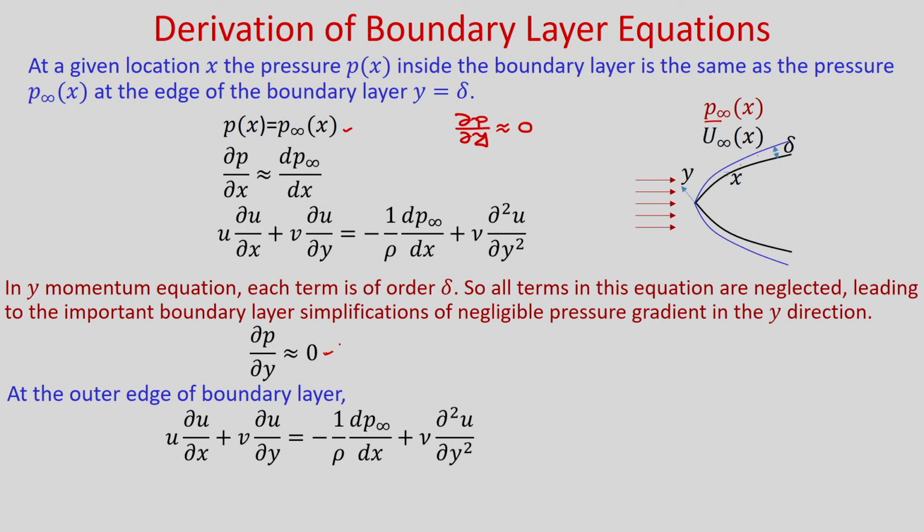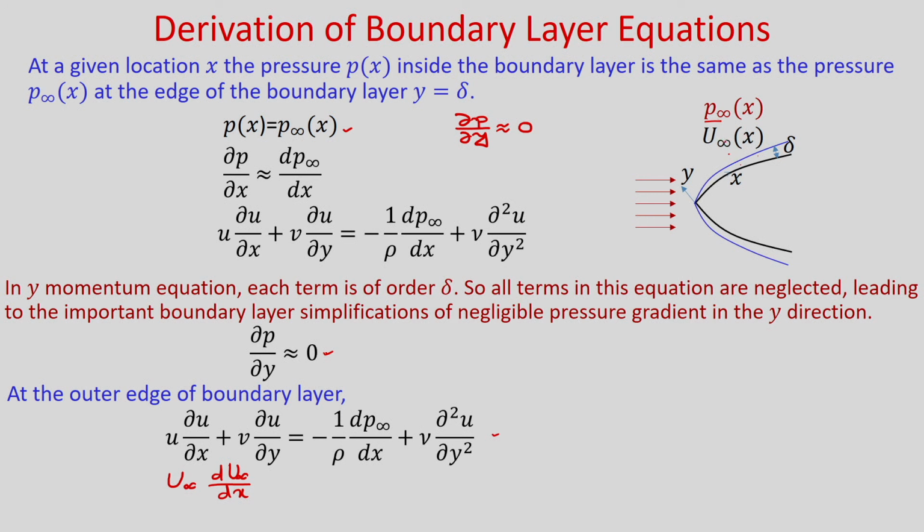Now you can consider that at the outer edge of the boundary layer we can simplify this equation. If you consider outside of this boundary layer, which is your inviscid region, the velocity will be U∞, and we can write U∞ dU∞/dx. Outside this boundary layer v will be 0, and ∂u/∂y is 0, because there will be no change of U∞, which is a function of x.